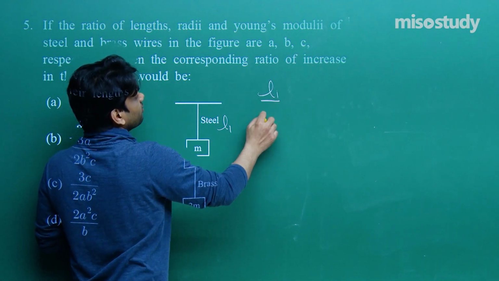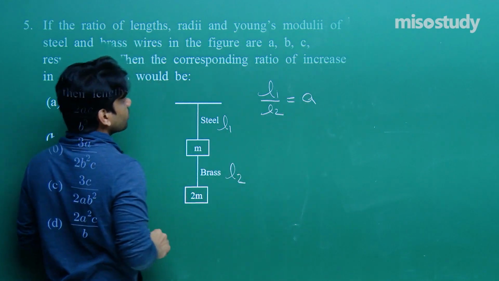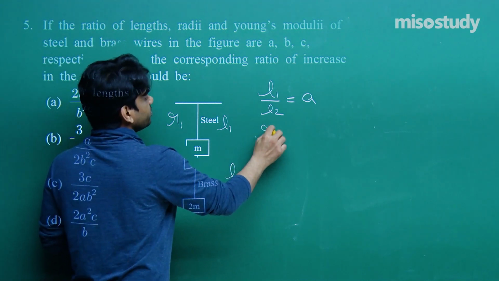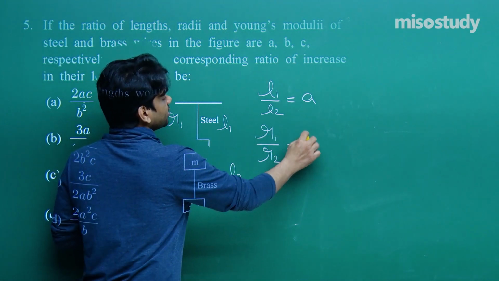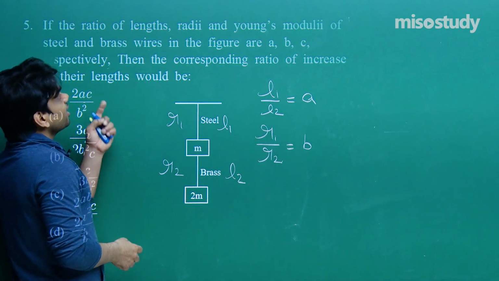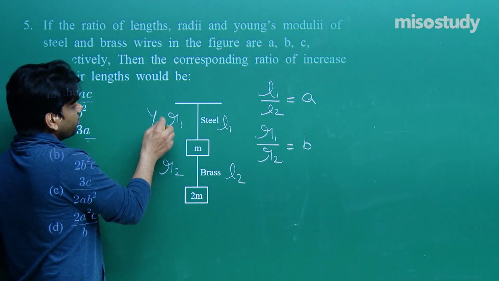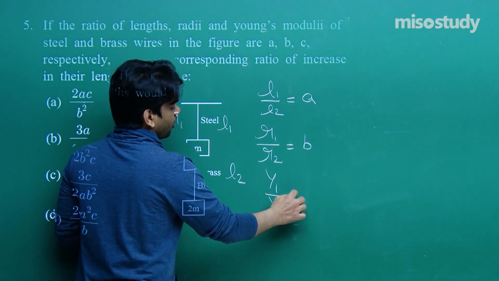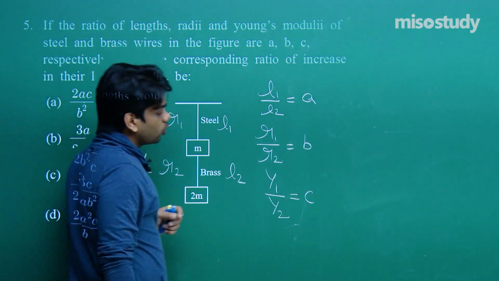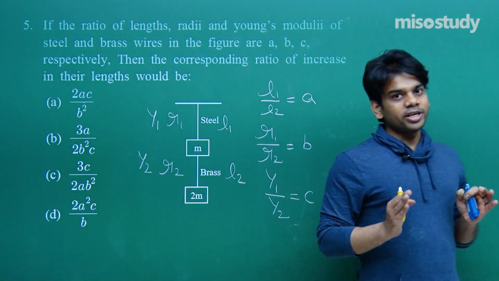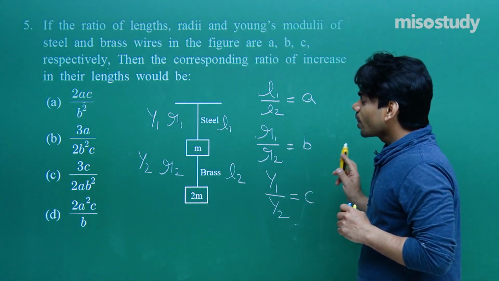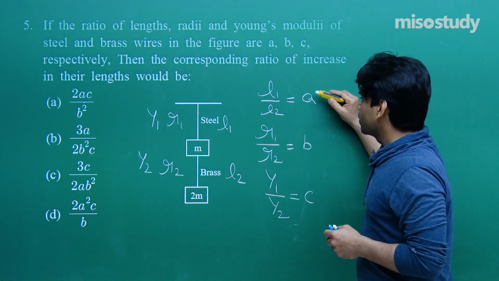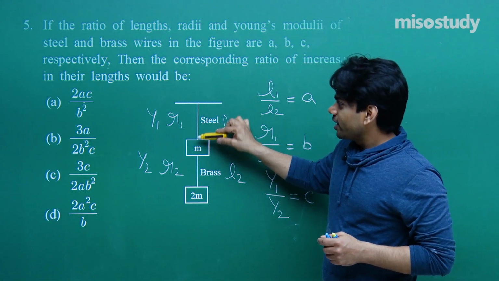It's given that L1 by L2 is equal to A. Now the radii, if they are R1 and R2, the ratio is given as B, and their Young's moduli, if this is Y1 and this is Y2, the ratio Y1 by Y2 is given as C. I hope you can easily understand and note down this first information. For steel wire, I have taken length as L1. For brass wire, I have taken length as L2. Their ratio is given as A. For steel wire, we have taken radius as R1.